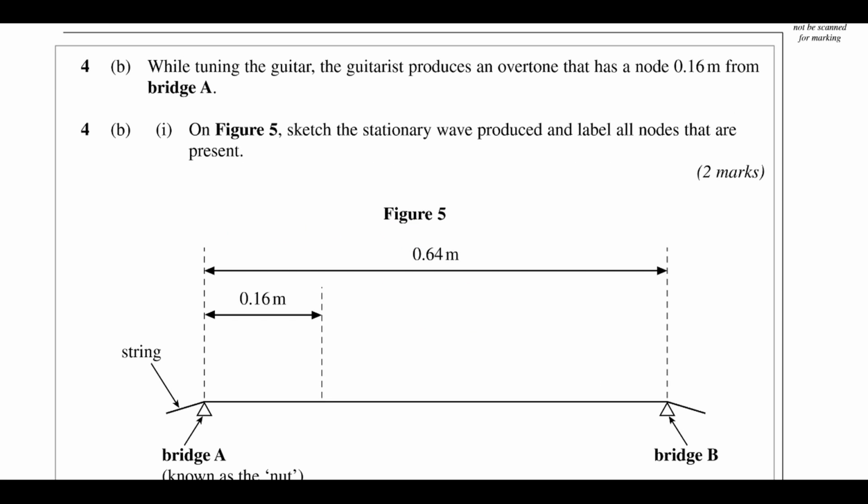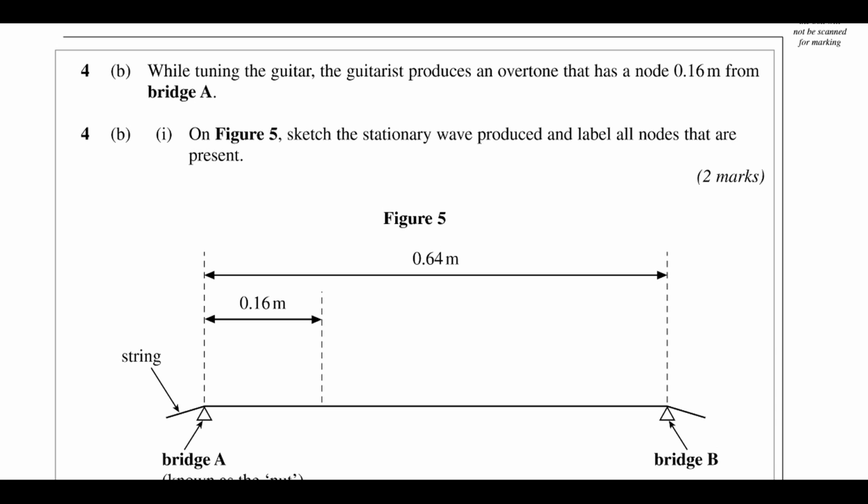While tuning, the guitarist produces an overtone that has a node 0.16 meters from bridge A. Sketch the stationary wave produced and label all nodes that are present. So nodes are always evenly spaced, so we're going to have one here, one here, one here.